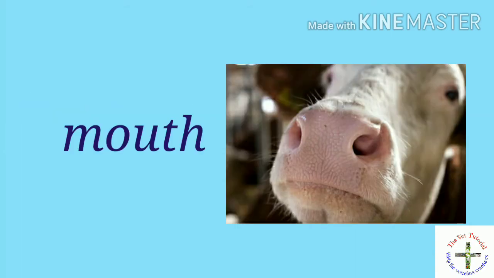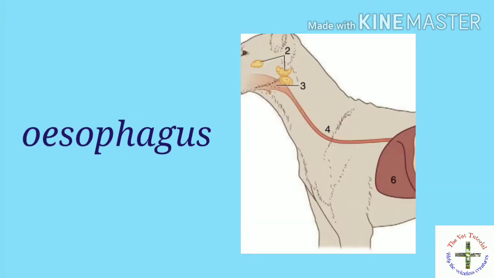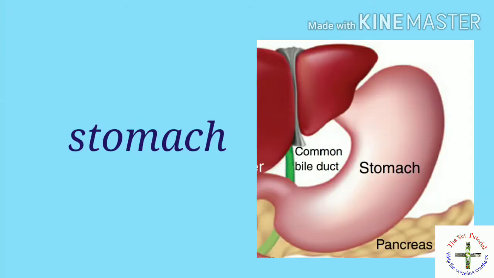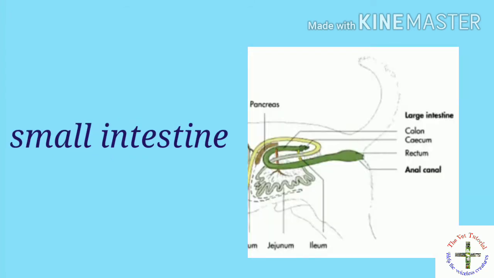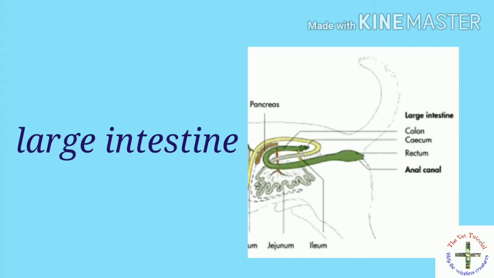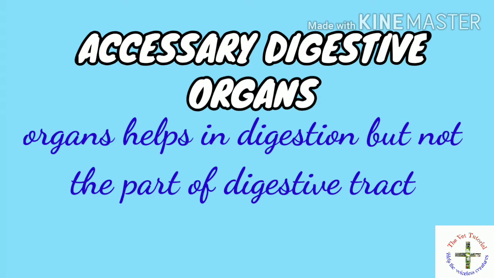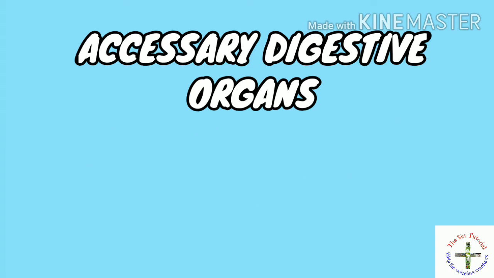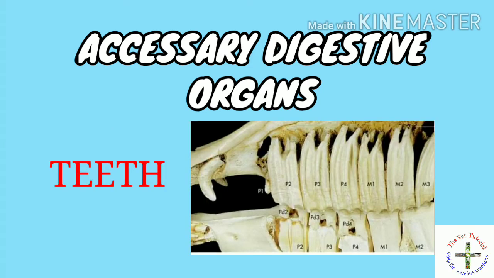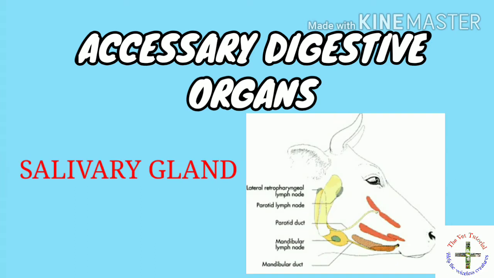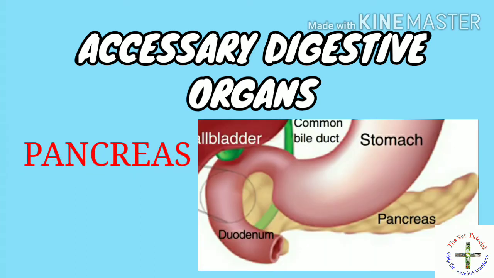First is mouth, second is pharynx, third is esophagus, fourth is stomach, fifth is small intestine, and lastly, sixth is large intestine. Then, accessory digestive organs, which means organs that help in digestion but are not part of the digestive tract. The organs include teeth, tongue, salivary glands, liver and pancreas.